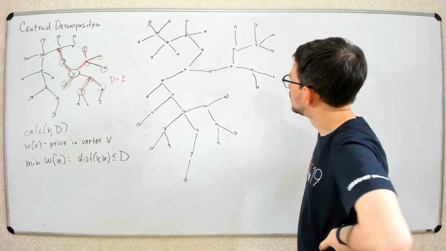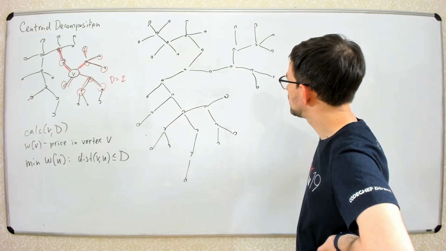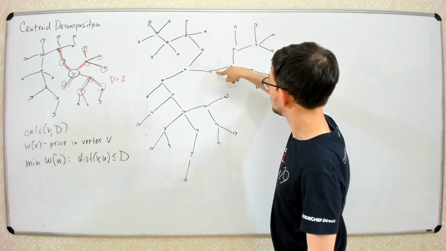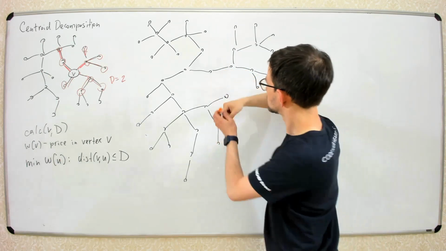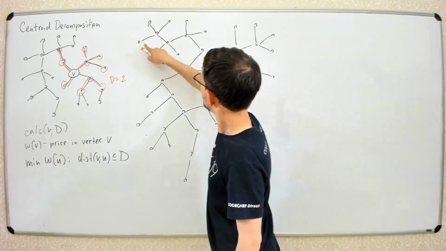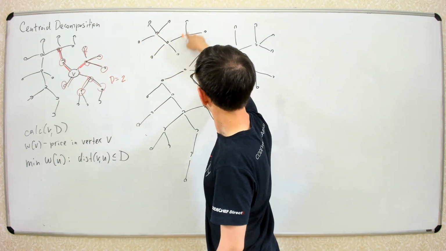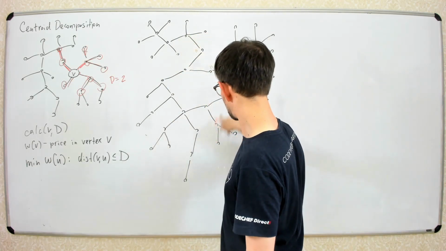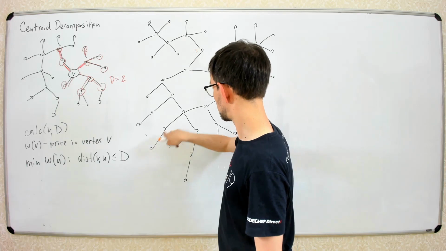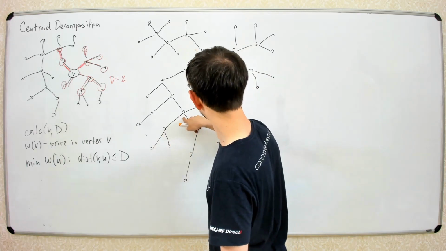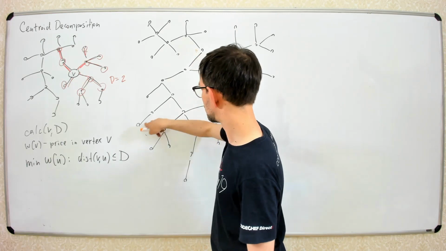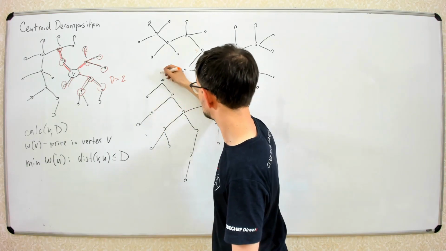What is the centroid of this tree? Let me think. Counting the nodes: 11 here, then 12, and 17 here.